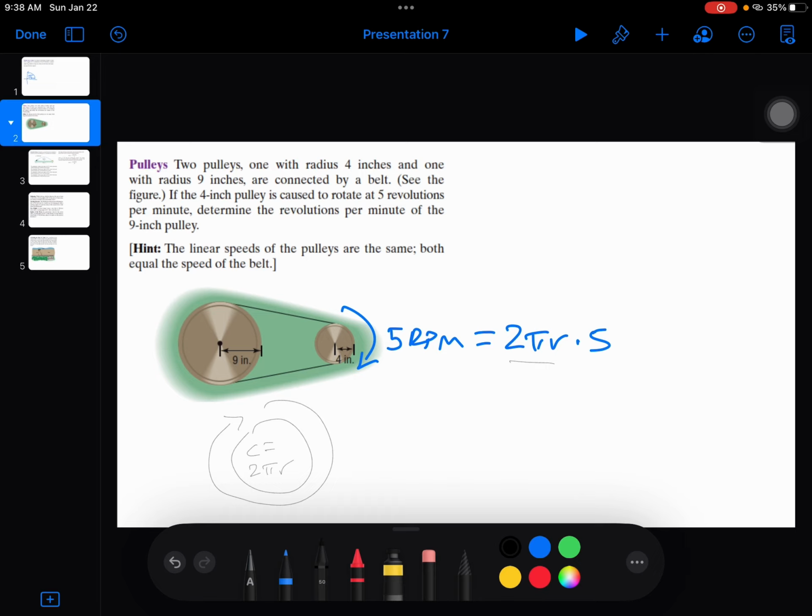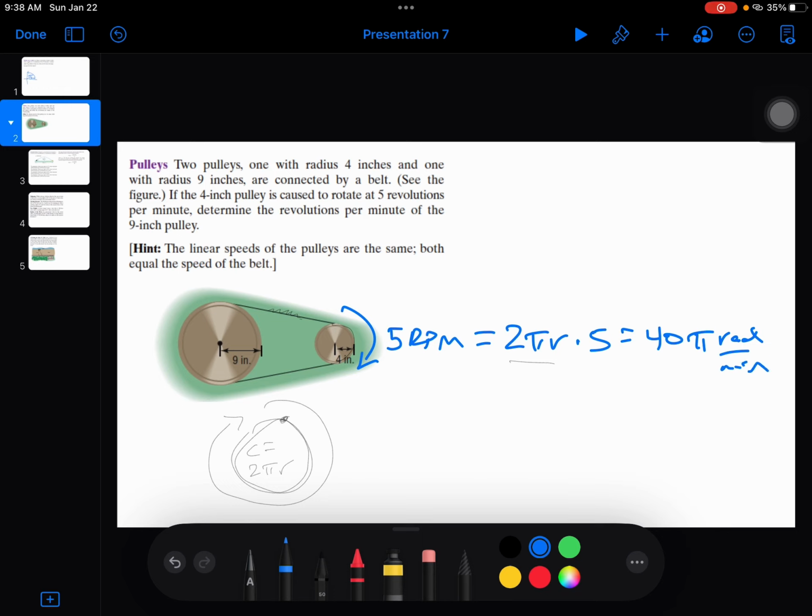So this pulley here is going to travel all the way around, and so the actual distance traveled for that pulley, starting at one point on the circumference, going all the way around one rotation, is 2 pi r in linear distance. And then we're going to multiply it by 5 because 5 RPMs, and that'll give us 40 pi radians per minute.